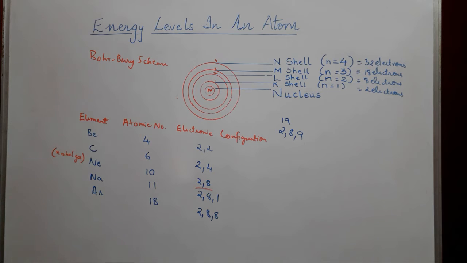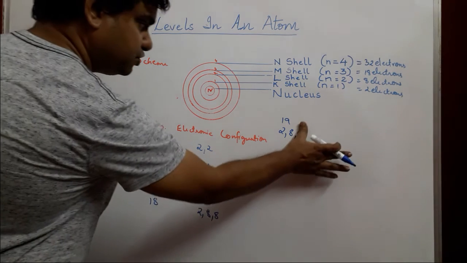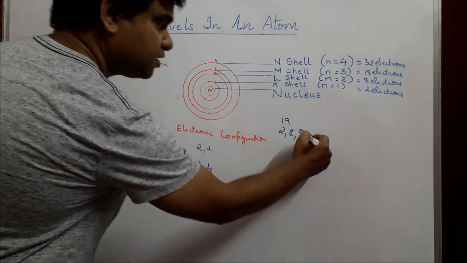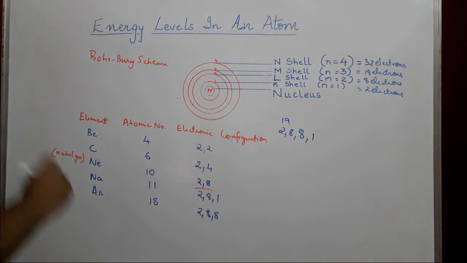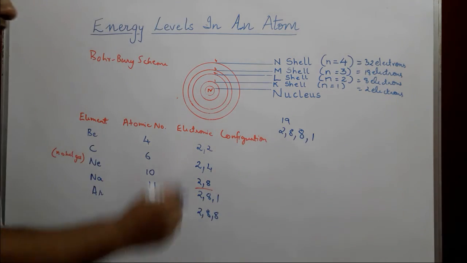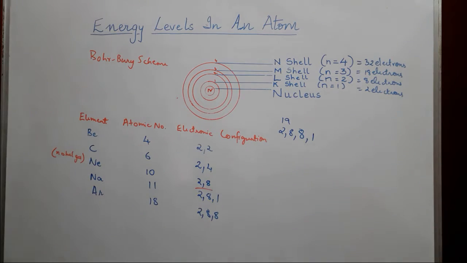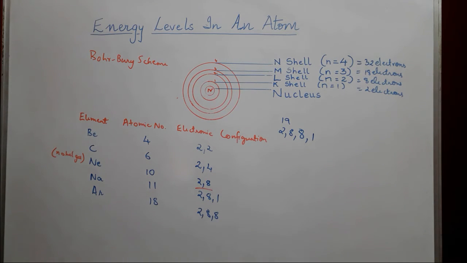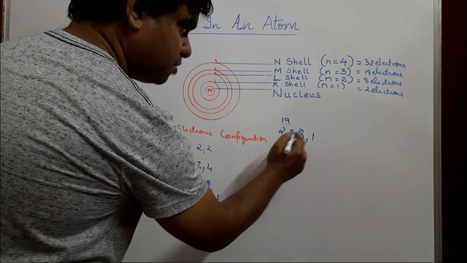So if we follow the Bohr-Bury scheme, it should be 2, 8, 8, 1, which means the 9th electron, which should have been here, actually goes to the next shell, which is the N shell, to satisfy the Bohr-Bury scheme. Got it? It goes here: 2, 8, 8, 1.